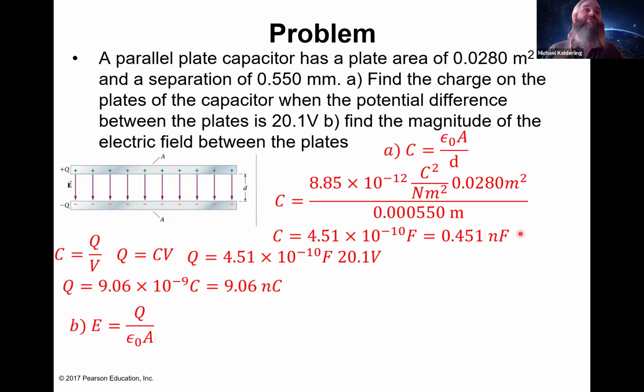And if we want to find the electric field, the electric field is going to be charge over epsilon naught times area, or it could be the voltage difference divided by the separation.